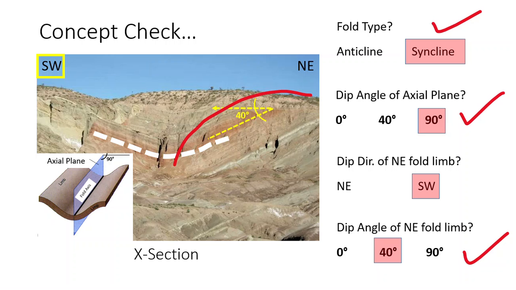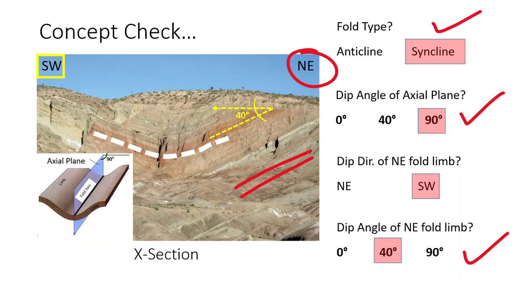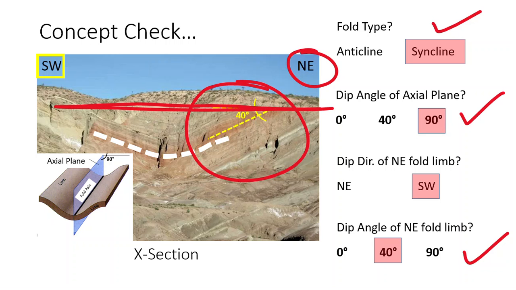about this limb right here. That's the northeastern side of the fold. And we recognize the limb based on the bedding in the layers that are folded in that northeastern limb. And notice that those layers, as you see here, make about a 40-degree angle with this imaginary horizontal plane.